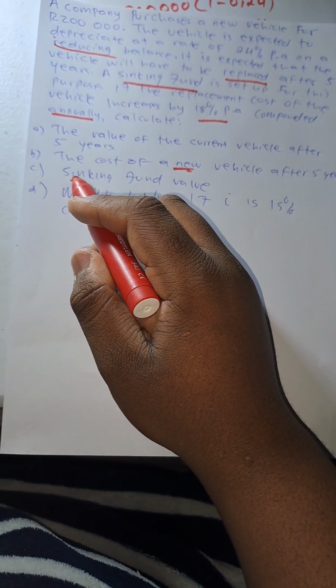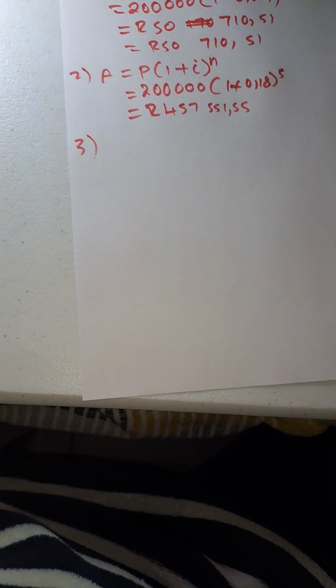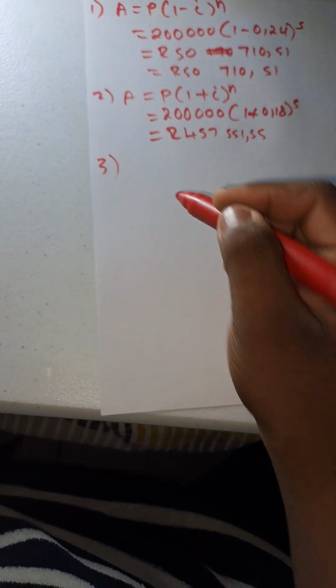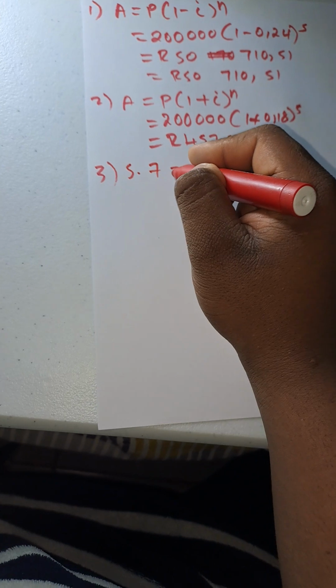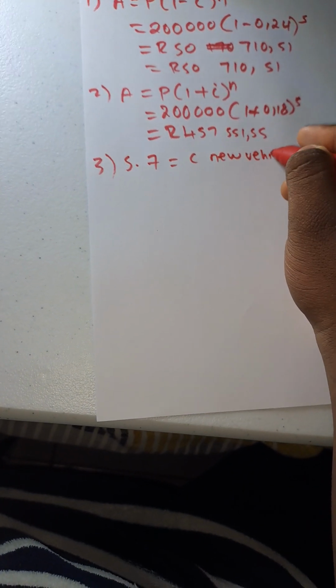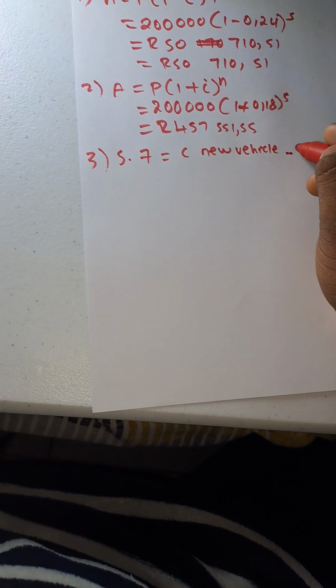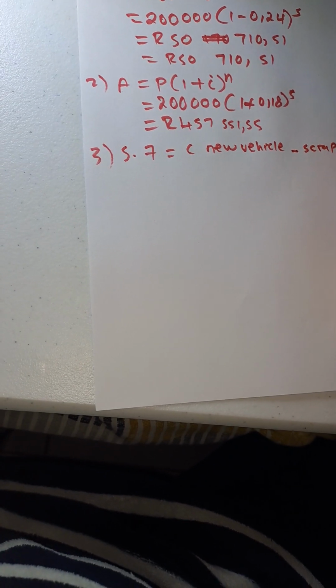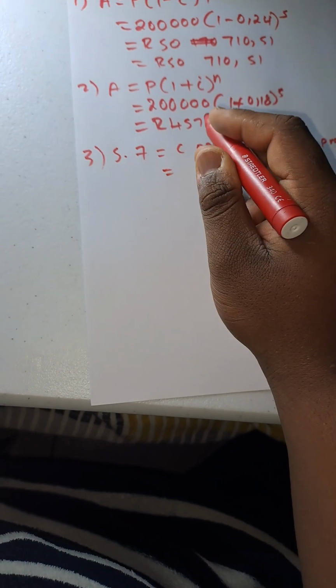The second last question says sinking fund value. Now this one is simple. Remember, sinking fund is the cost of the new vehicle minus the scrap value. So what is the cost of a new vehicle?